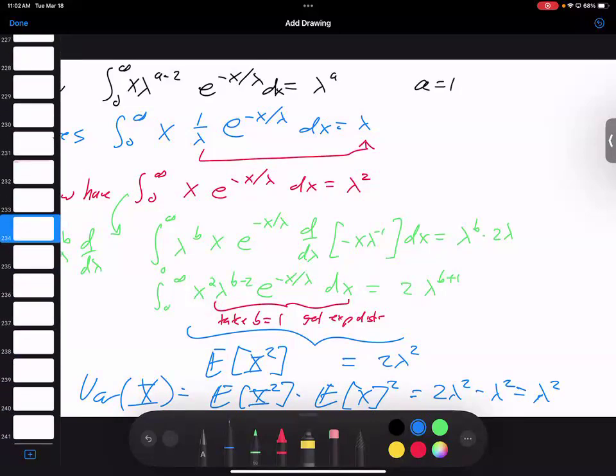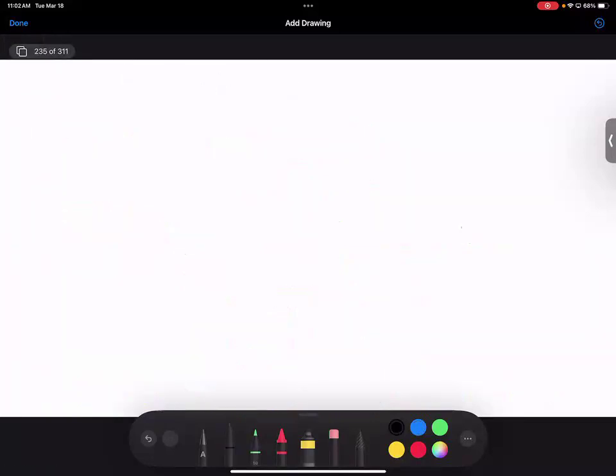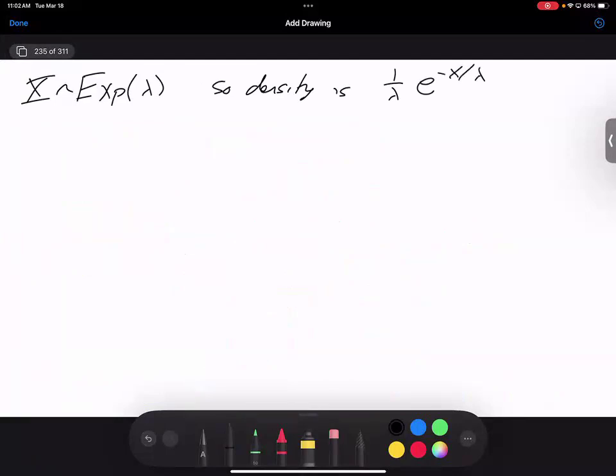So what we've shown so far is, let's say x is exponential with parameter lambda. So the density is 1 over lambda e to the negative x over lambda. We've shown the mean is lambda, the variance is lambda squared, the standard deviation is lambda.